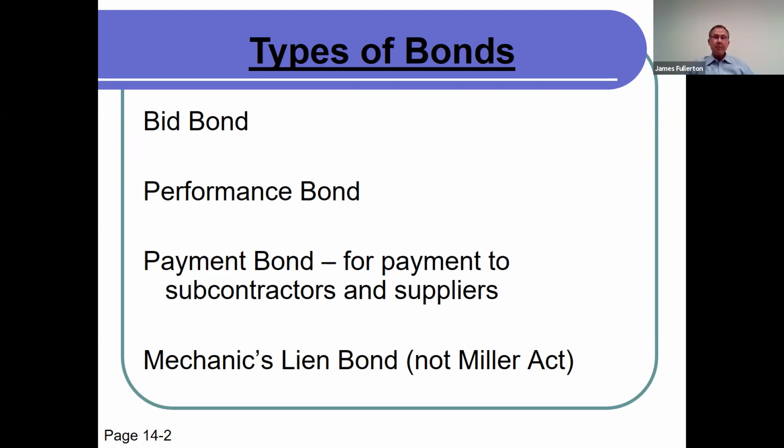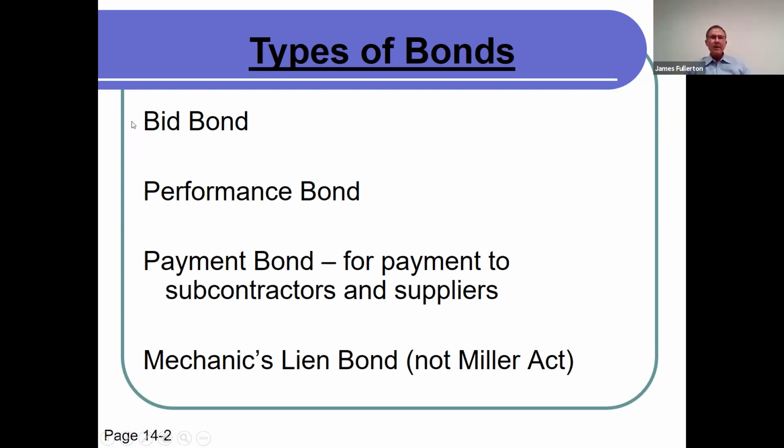That is insurance for the owner. If the GC fails to complete the project, the bonding company must come in and complete. But the point for our purposes today, since this is a seminar for claimants, is that you have no cause of action under a performance bond. A performance bond does not help you, it only helps the owner.